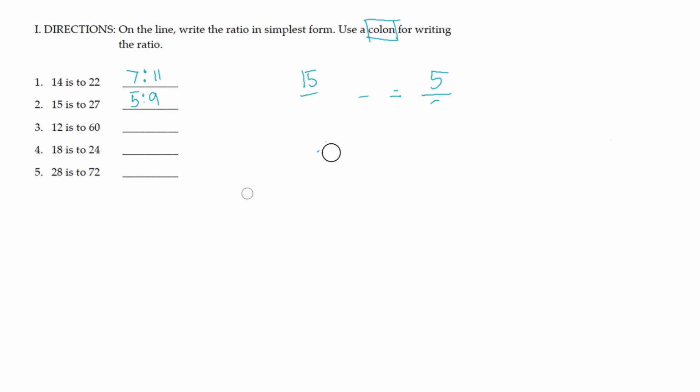Here we have 12 is to 60. So, ano po ba yung ating GCF dito sa 12 is to 60? So, the GCF of 12 and 60 is 12. So, pwede natin i-divide si 12 sa 12. Pwede rin i-divide si 60 sa 12.